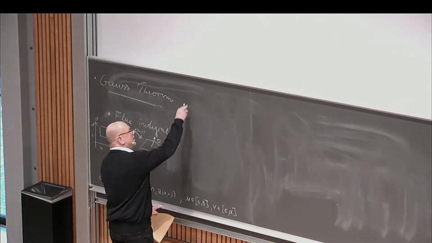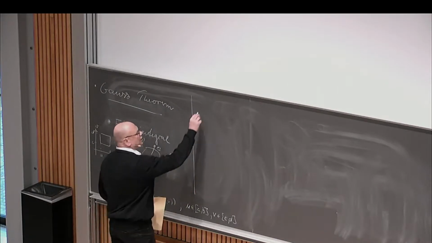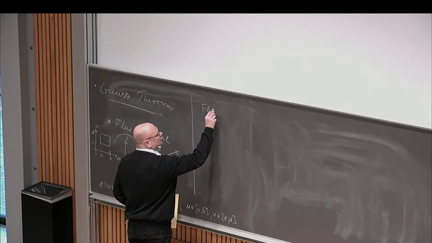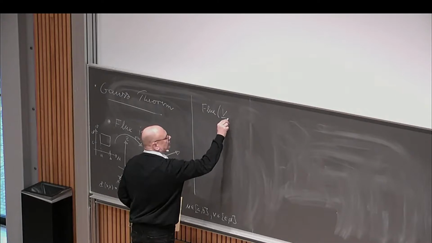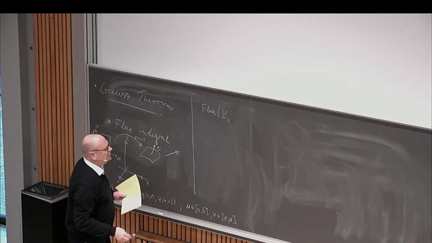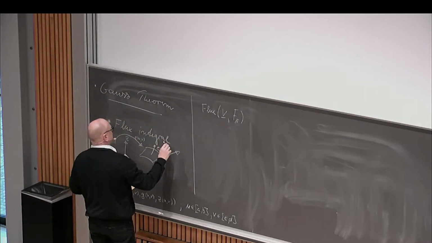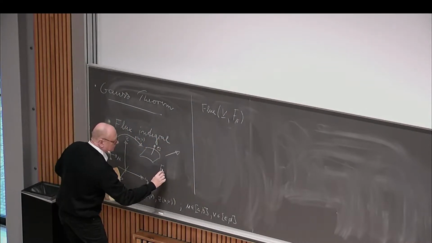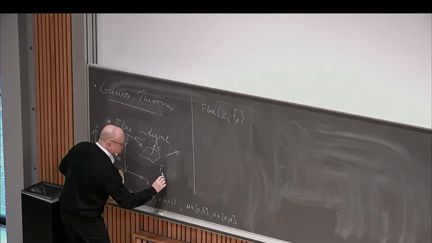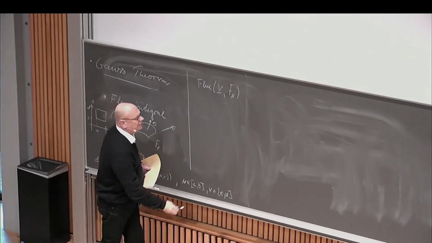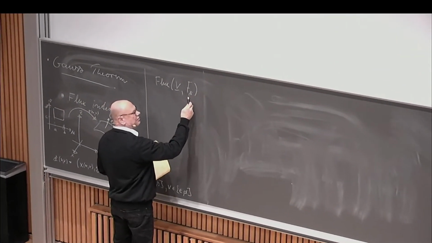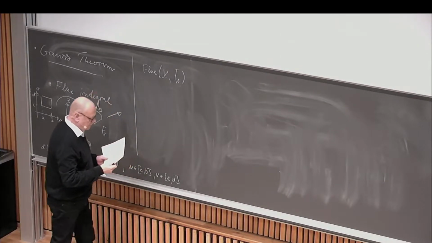So now I can define the flux integral. It's the flux of a vector field with respect to this surface. So this is my surface here, F_r, indicating that we have this parametric representation for the surface.